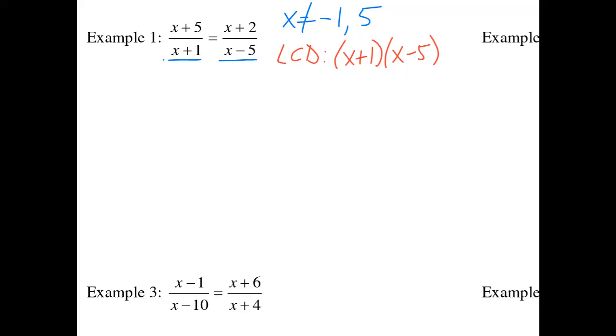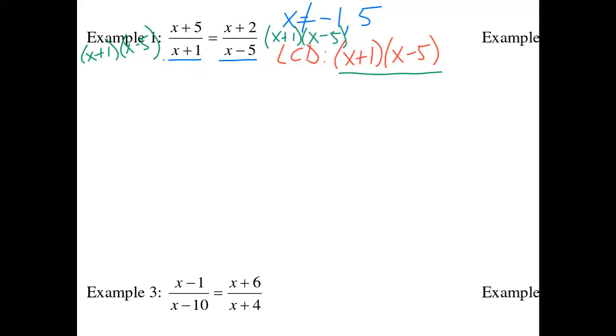So now the place where we need to show a little bit of work and take up some space, and that's because we're going to multiply this denominator, or LCD rather, by both of the fractions in this case, because there's 2 terms, one on each side. So I'm going to write it, squeeze it in off to the side on each. We're going to do x plus 1 times x minus 5 over here, and an x plus 1 times an x minus 5 over here.